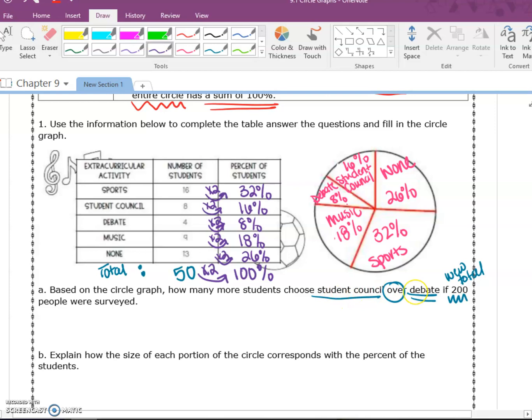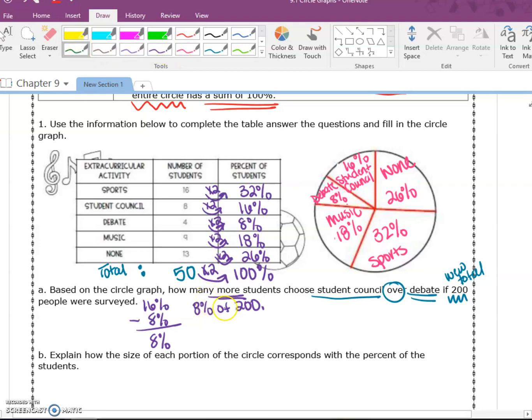So if we have student council over debate, what we can do is take our percentages and subtract those first, because it says how many more students. So student council is 16% and debate is 8%. So I'm going to subtract those. I'm going to get 8%. So now I want to see out of 200 students. So 8% of 200 is what I want to see for this new survey.